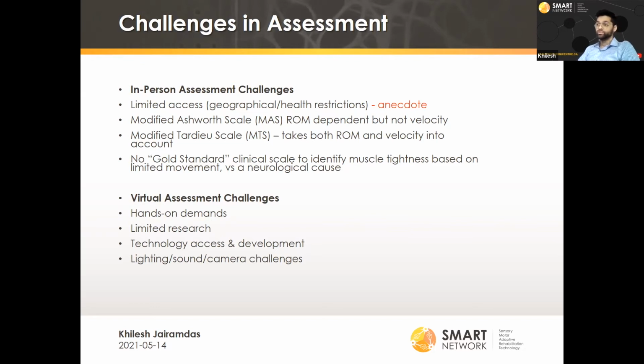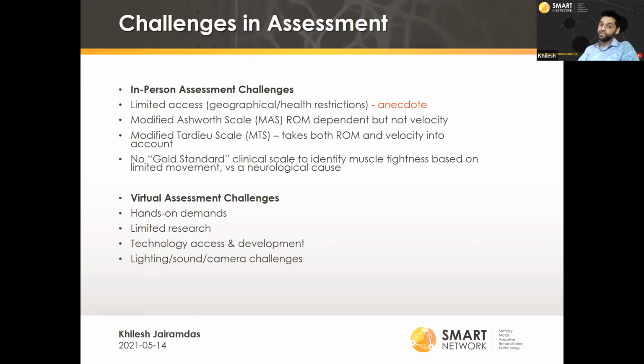And of course, the problems just get worse when you look at virtual assessment, which everybody has to do these days. The most common complaint is, I don't know if it's the most common, but it's definitely very common, that the physicians are just annoyed that they can't touch their patients, they can't be hands-on, and they can't diagnose that way.